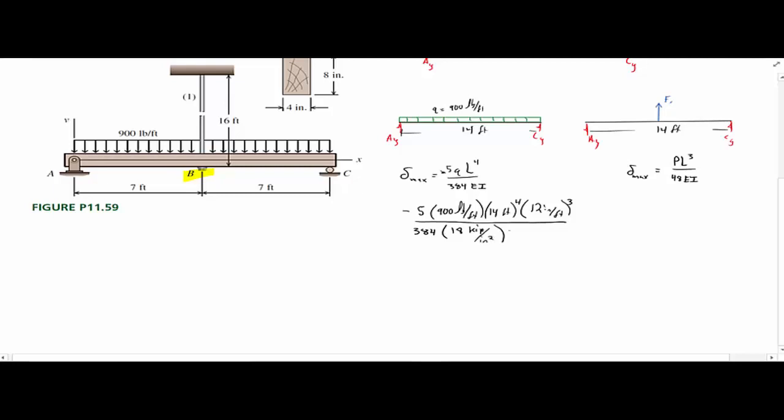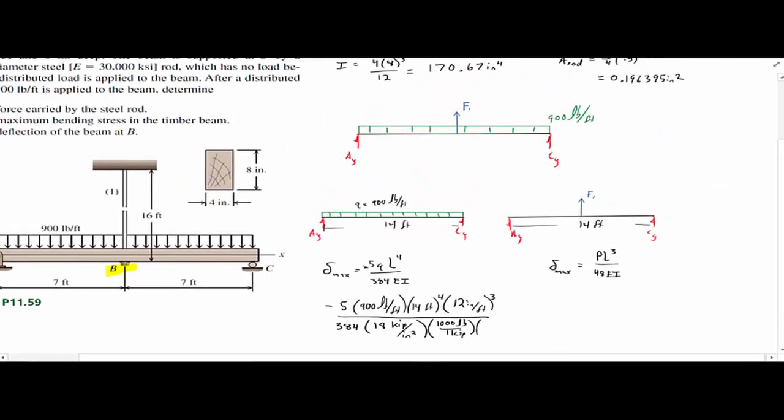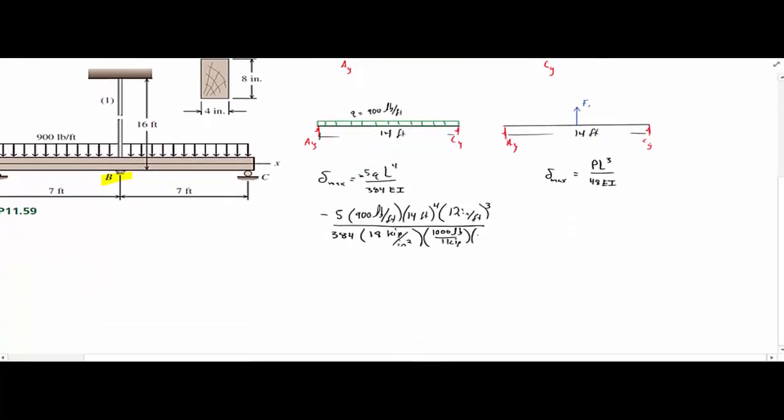And then multiply that to, we'll say 1,000 pounds per 1 kip, and then multiply this to our moment of inertia that we found up here, which is 170.67 inches to the fourth.